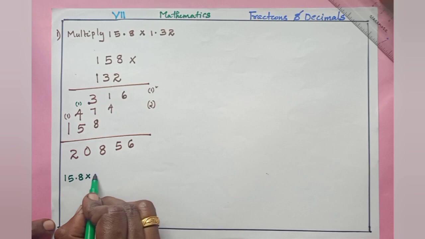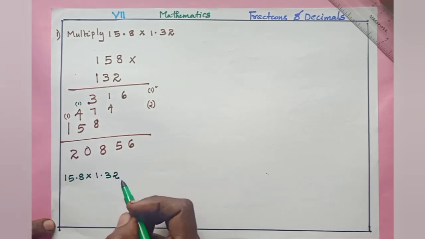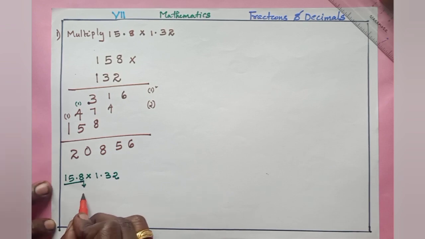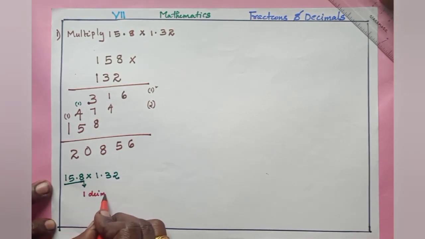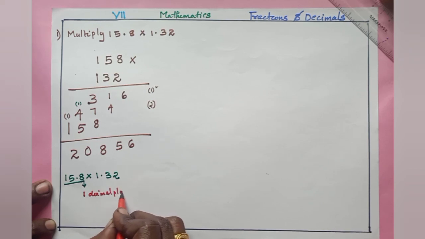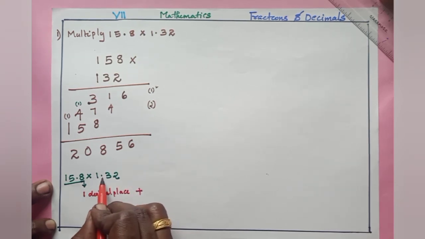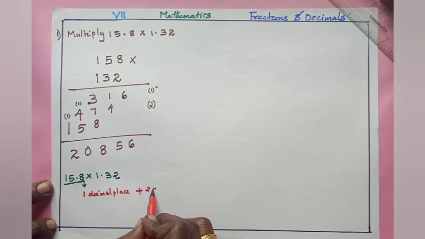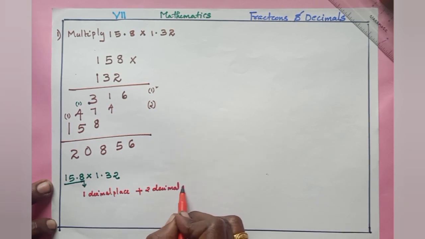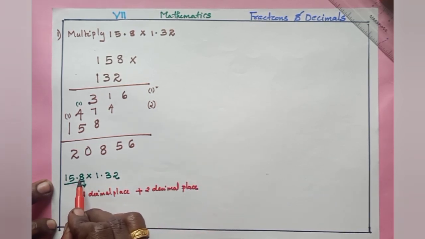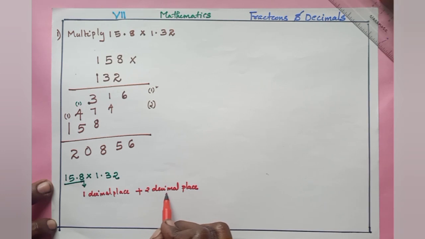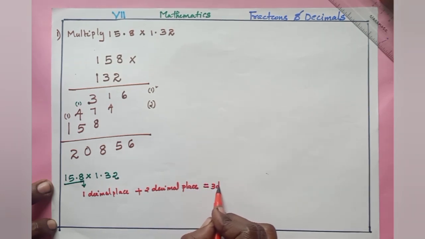But the question is 15.8 into 1.32. So the first multiplicand has how many decimal places? Yes, 1 decimal place. Then the second decimal number has how many decimal places? 1, 2. 2 decimal places. Adding: multiplicand has 1 decimal place, multiplier has 2 decimal places. 1 plus 2, 3 decimal places.